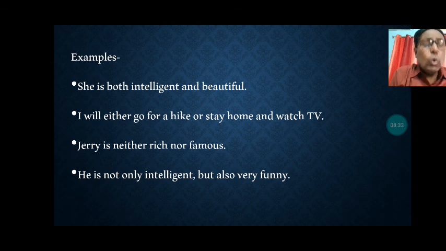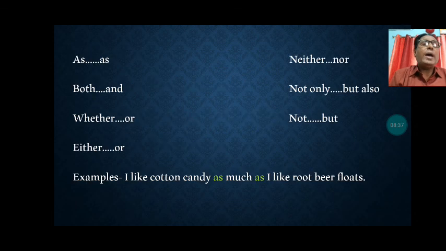So you have been given some of the correlative conjunctions here: as and as, neither nor, both and, not only but also, whether or, not but, either or.